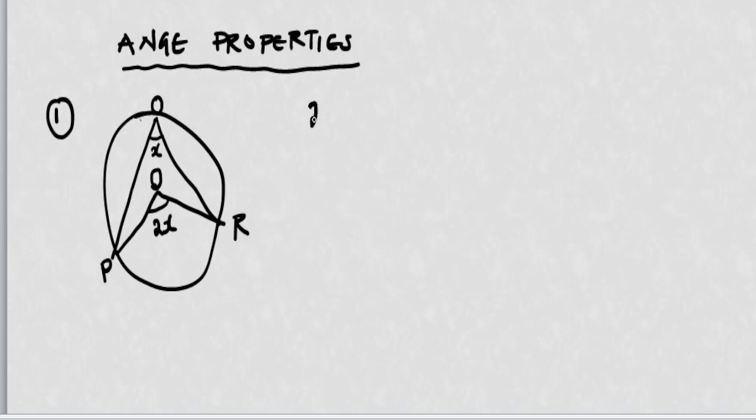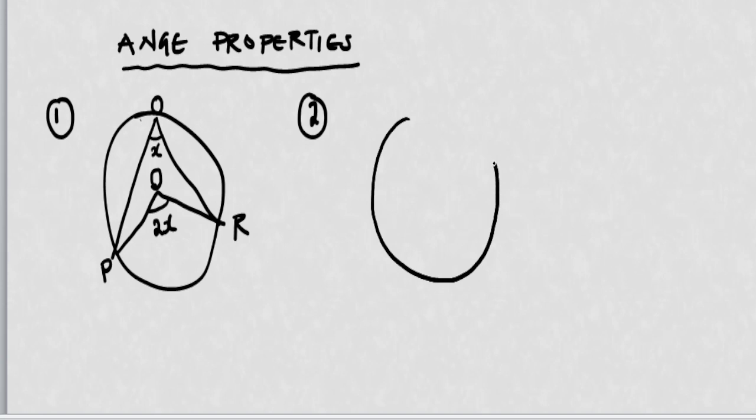The second theorem, or property, talks about angles in the same segment. This one states that angles in the same segment are equal. By now I suppose you know what a segment is.